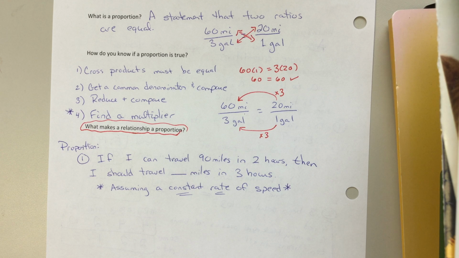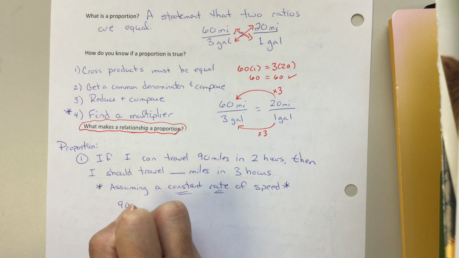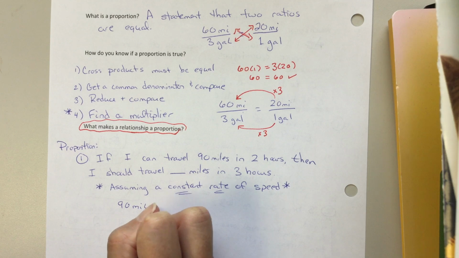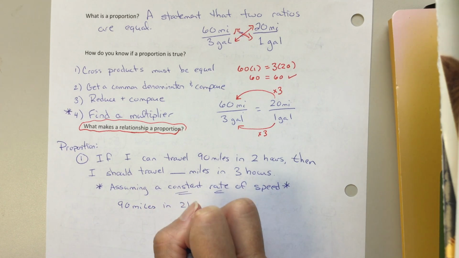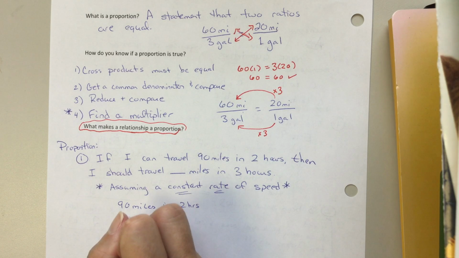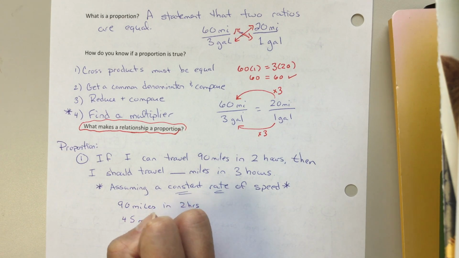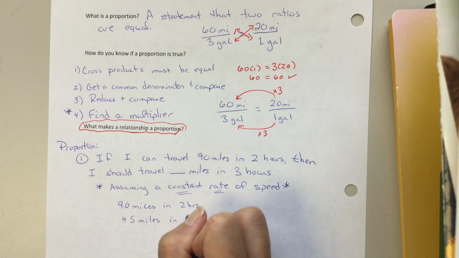So there's a couple of ways we could solve this. We could set up a proportion, we could cross multiply. We could sort of logically figure this out. We could say, okay, if we're doing 90 miles in 2 hours, maybe you go down to a unit rate and you say, well, that would be 45 miles in 1 hour.